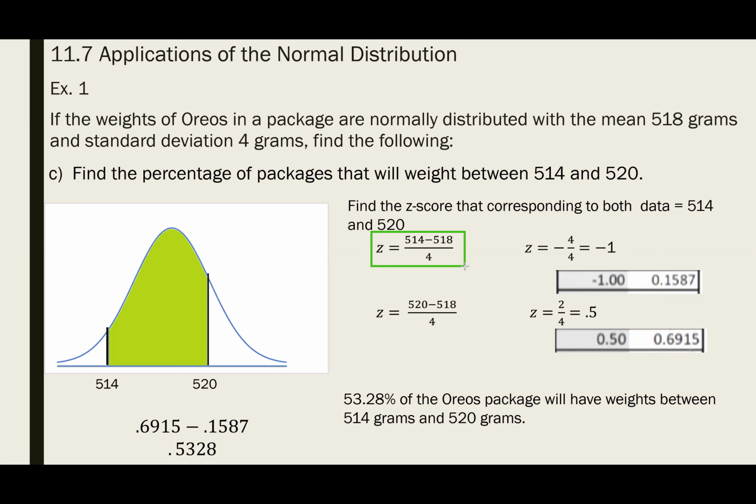If we connect this to the previous problem that we did at the beginning of class, the question they ask you is to find the percentage of the data between the z-score of -1 and the z-score of 0.5. That's what you need to correlate, correlate this item to the previous problem.